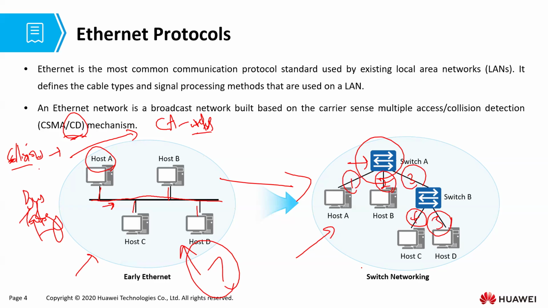It means there is no longer a need to use the collision detection algorithm because a host is not sharing its collision domain with any other host. So that's the transition from early Ethernet technologies into the switched networks being used these days. Keywords to take note of are the collision detection algorithm and the definition of a collision domain at this stage.